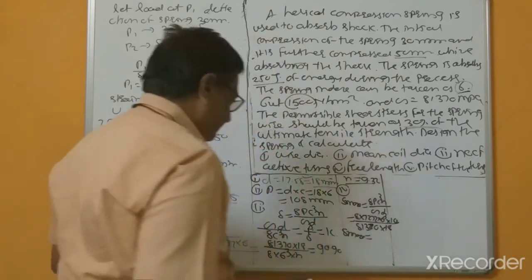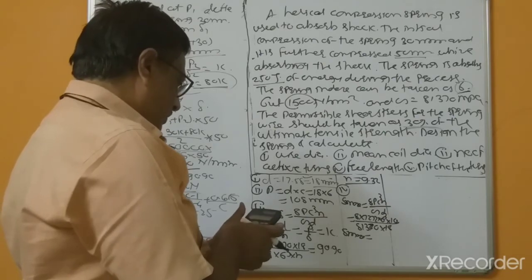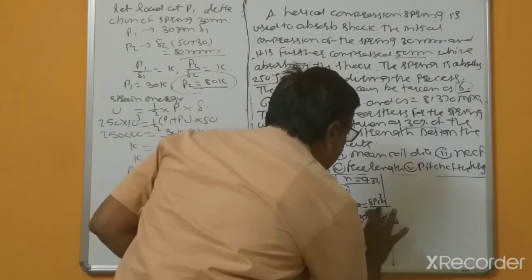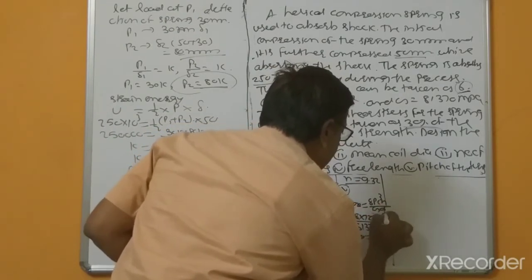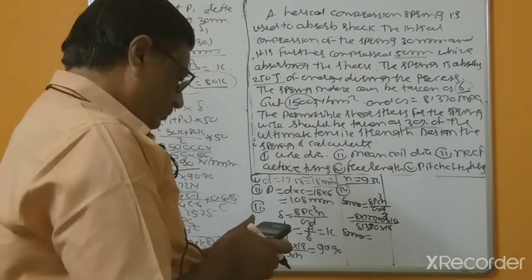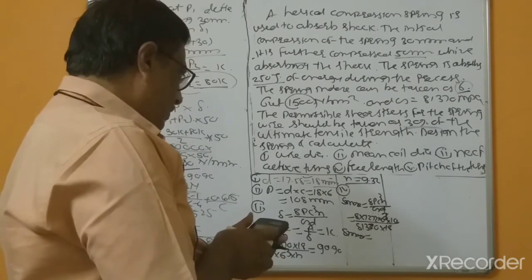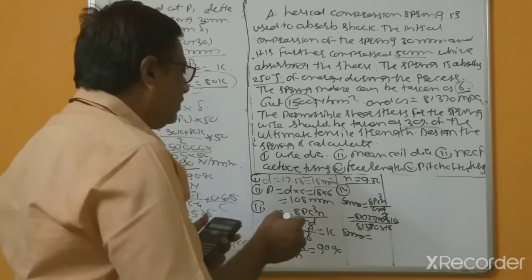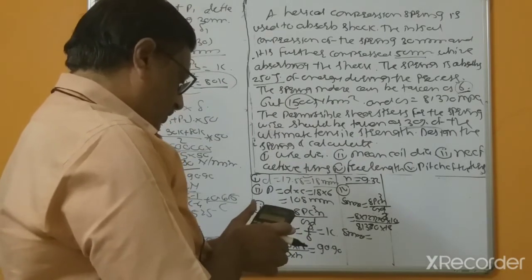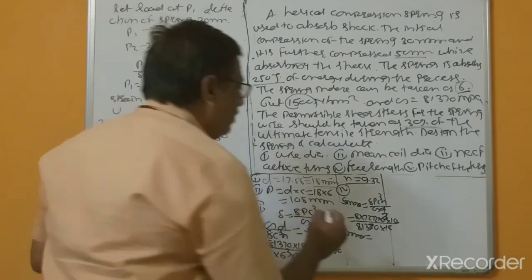Delta max equals 8 into 7272 multiplied by 6 cube into 10 divided by 81370 and divided by 18, and this is equal to 85.79.